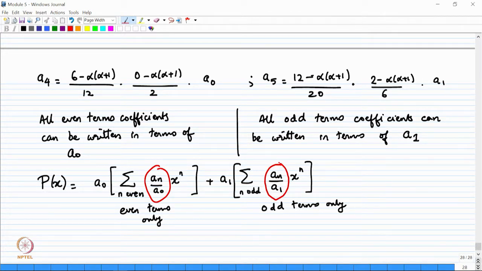So, this is a general solution. If you think of a_0 and a_1 as arbitrary constants, then this represents a general solution of this equation.